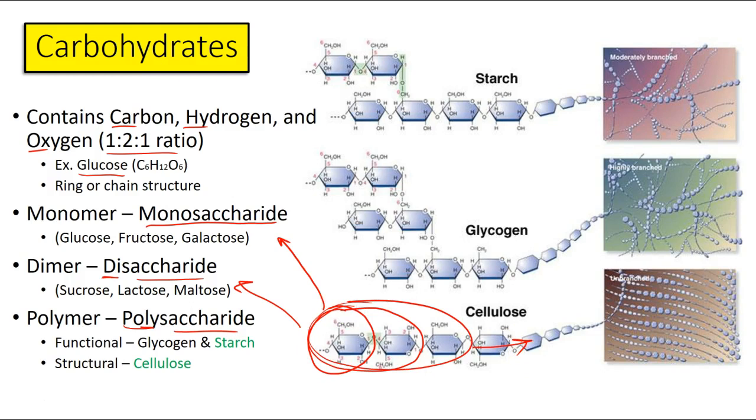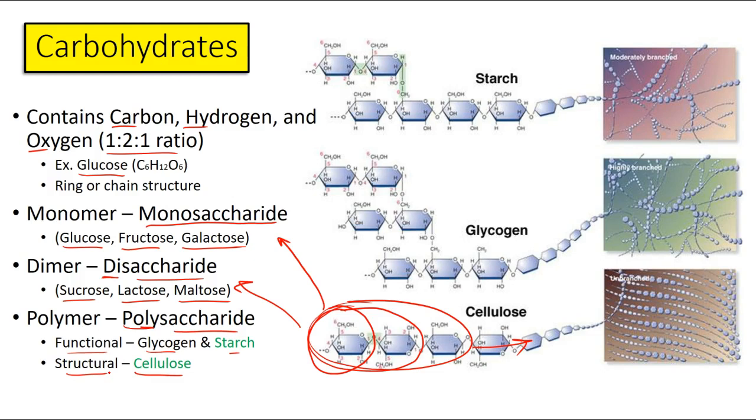Now, some of the specific examples that I would encourage you to know is the monomers would be glucose, fructose, and galactose. The disaccharides would be sucrose, lactose, and maltose. And the specific polysaccharides would be glycogen and starch for the functional polysaccharides and cellulose for the structural polysaccharides.